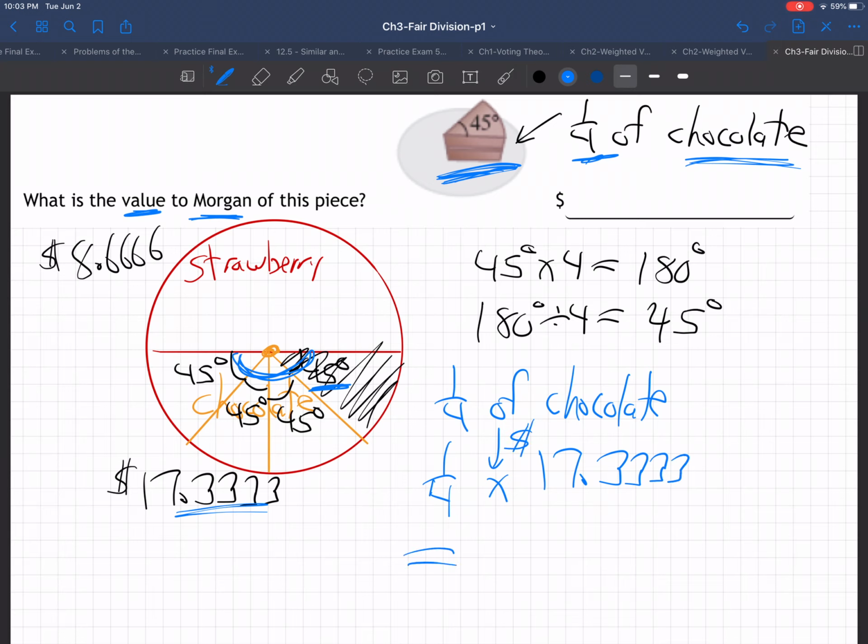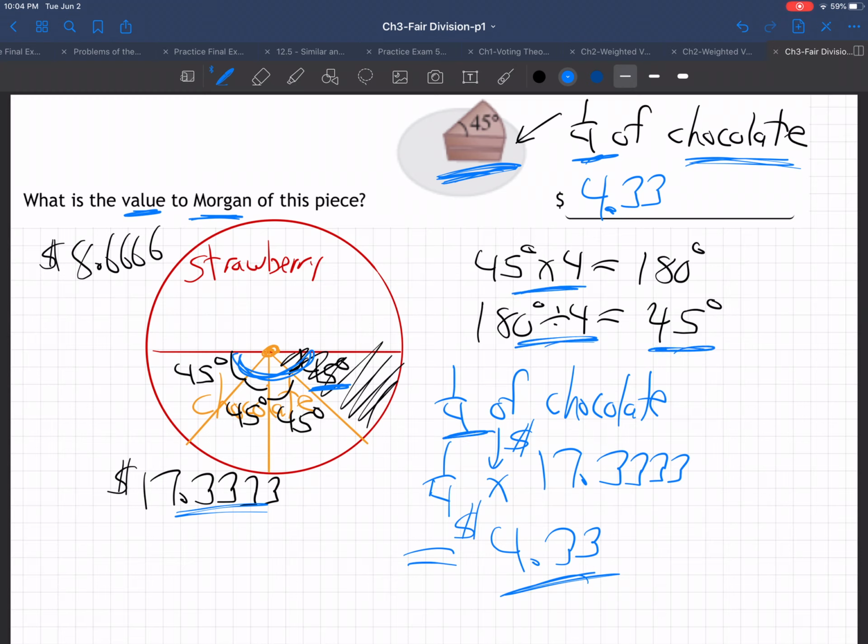So if you multiply that, basically divide 17.333 forever by 4, you get $4.33. So that means this piece is worth $4.33 to Morgan, because it's 1/4 of the chocolate half. 45 degrees is 1/4 of 180.